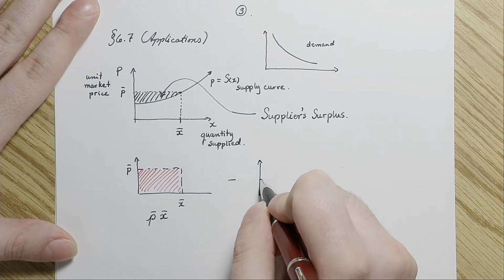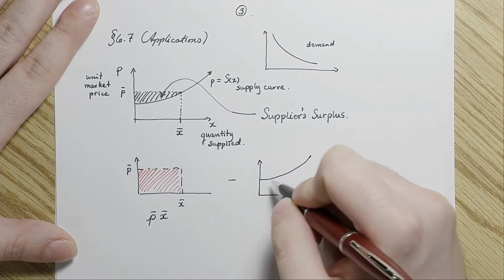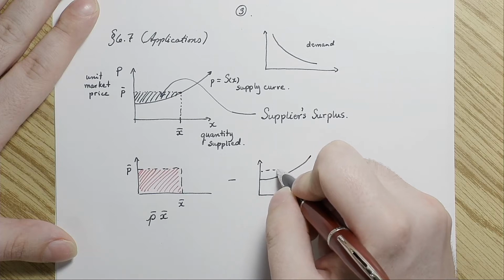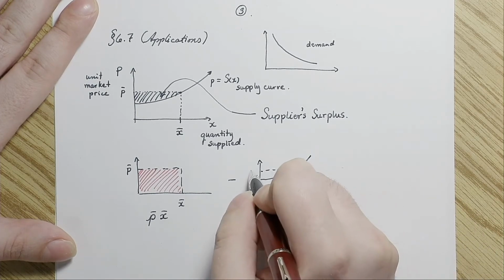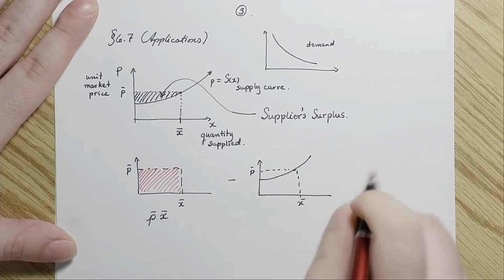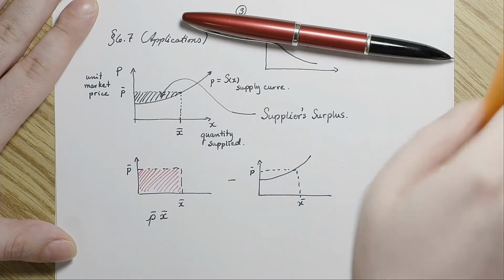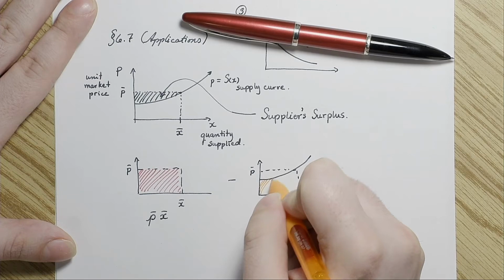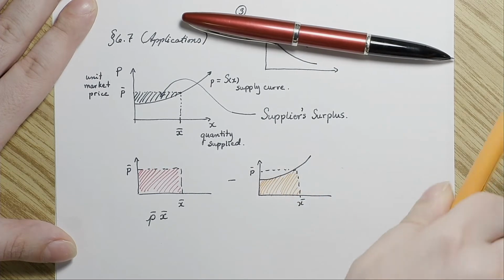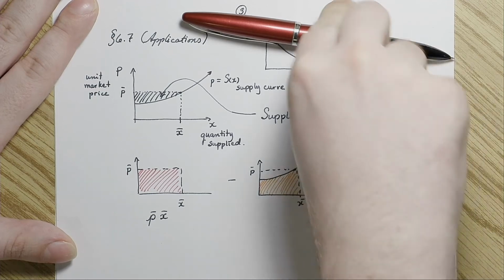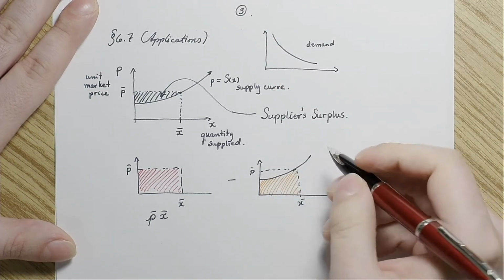I can easily calculate something here. Here's P bar and here's X bar. I want to subtract this area here, because that's the stuff that's sold.